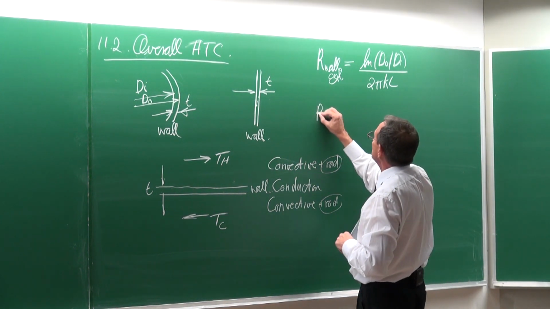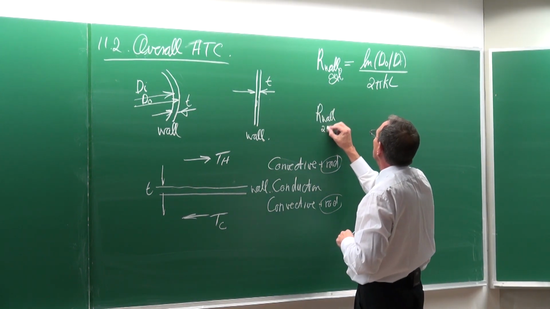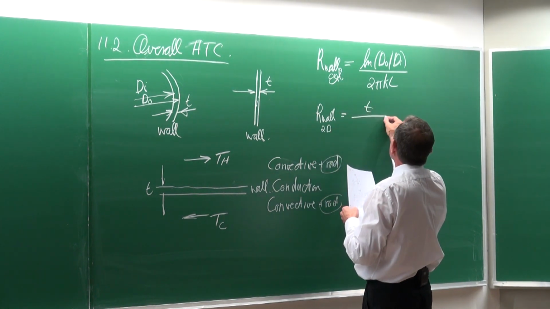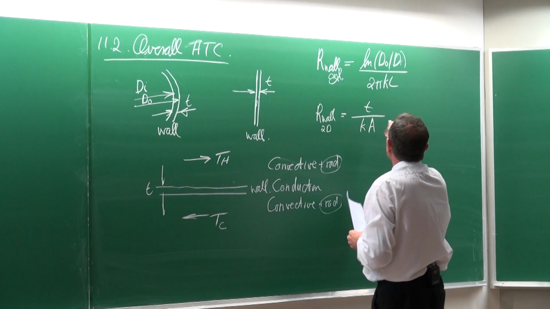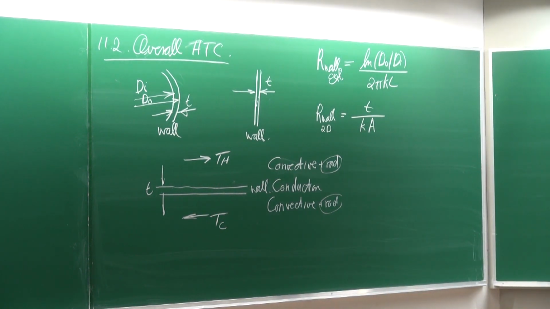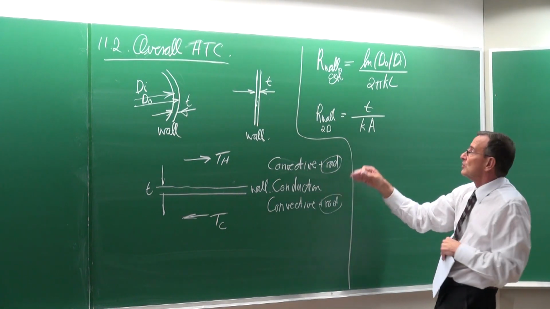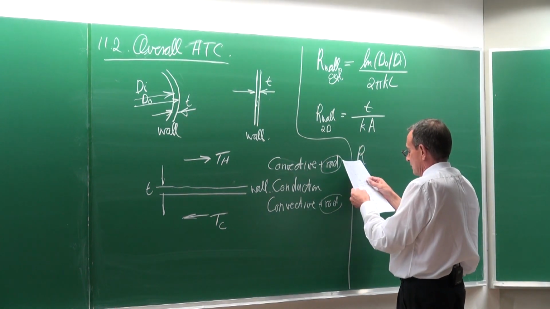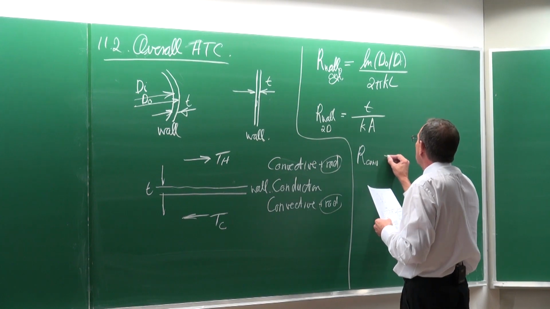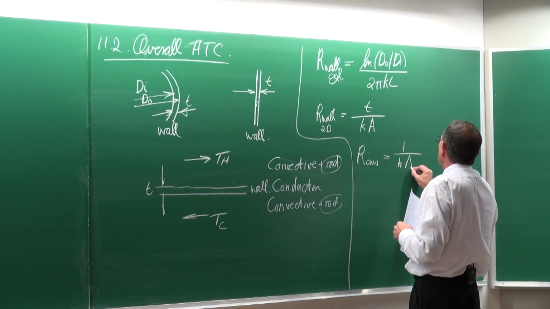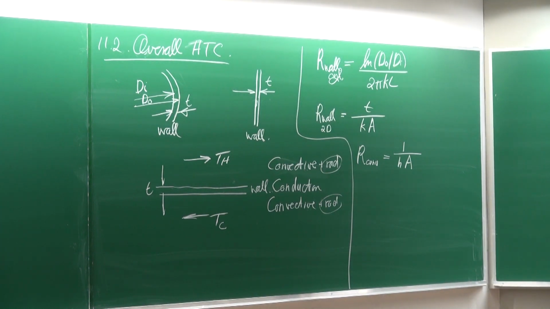While if it is a two-dimensional type of wall, then it would just be the thickness divided by K and the surface area. I don't know if you can still remember that. In general, that would be the conduction resistance term, and the other resistance term would of course be that of convection. The convection resistance would always be 1 divided by the heat transfer coefficient multiplied by the area. If you cannot remember that, just go back to chapter 3 in Cengel and Ghajar.